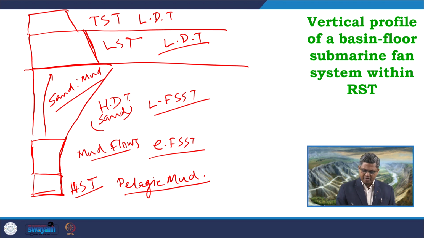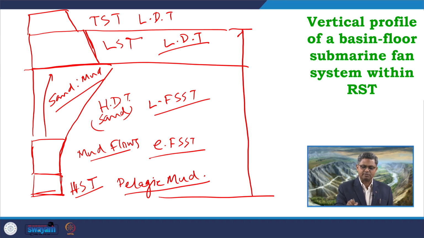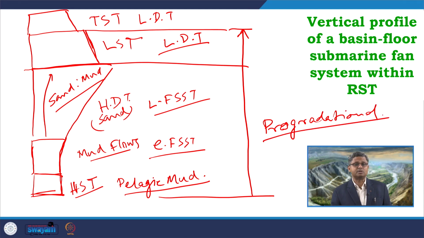So, overall, if I start from this HST part up to the end of LST, throughout this area we are getting a progradational pattern in terms of stratal stacking pattern, in terms of accumulation pattern, where gradually the submarine fan system is progressing forward with gradual progradation of the shoreline.